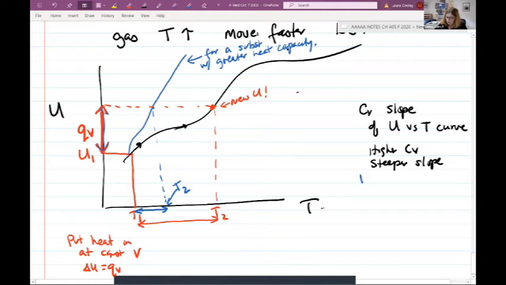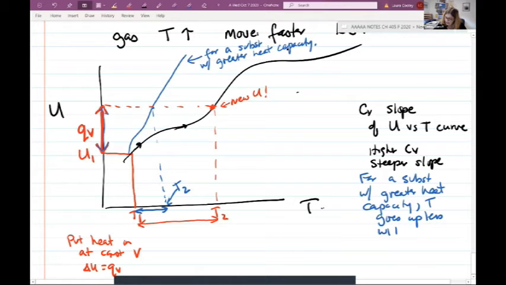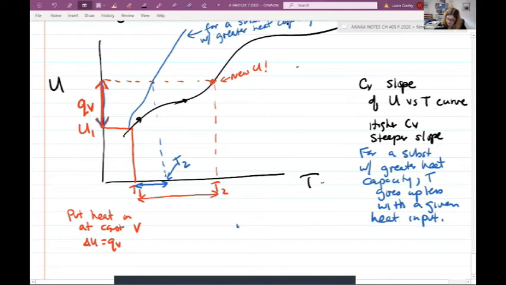Okay, so for a substance with a greater heat capacity, the temperature goes up less with a given heat input. And in fact, the heat capacity is defined as the change in internal energy with respect to temperature at constant volume.